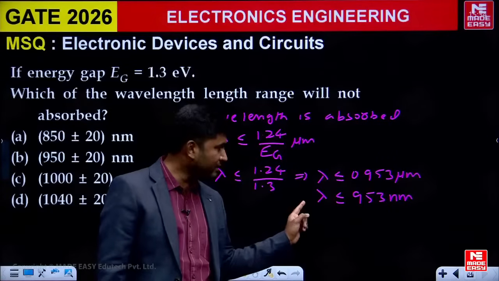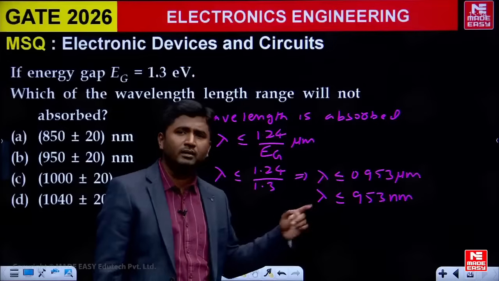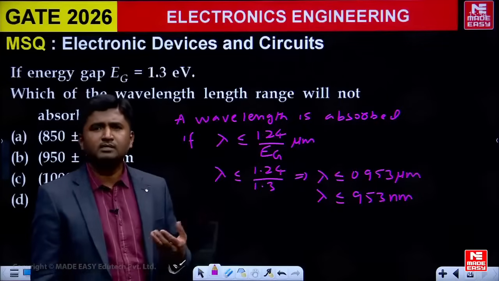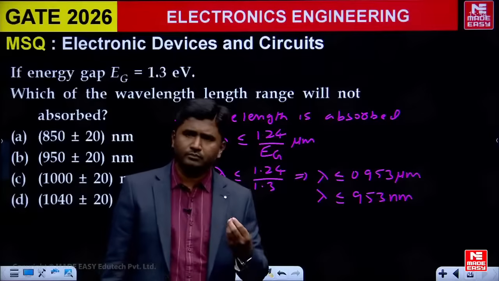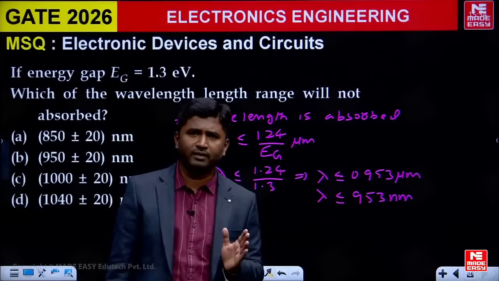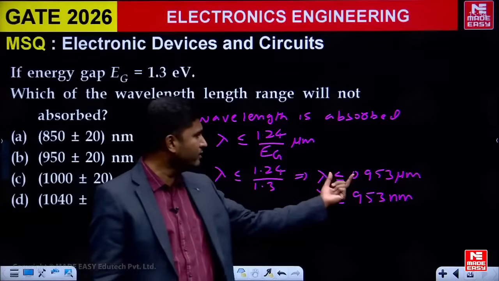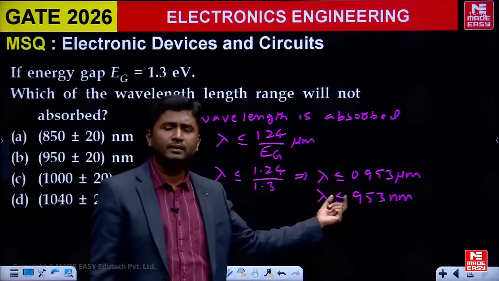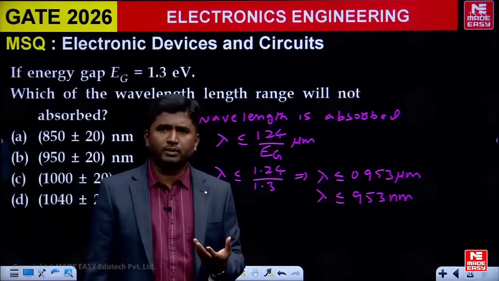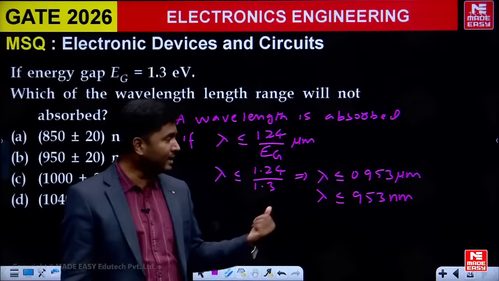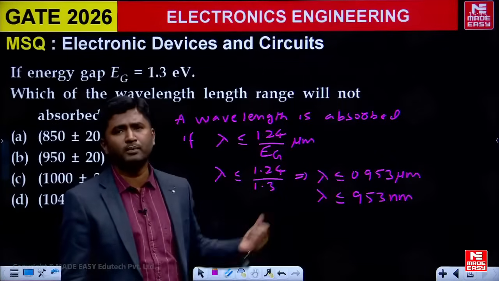And if this wavelength exceeds 953 nanometer, then that will be transmitted without absorption. We call it transparent behavior, right? This is actually the cutoff wavelength, lambda c. When lambda is less than this, that wavelength will be absorbed, and if lambda is greater than this, that wavelength will not be absorbed.